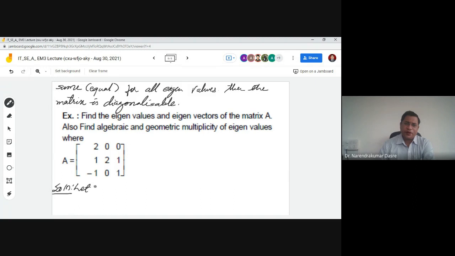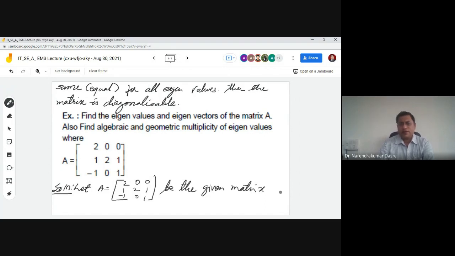Let A be equal to the matrix with rows 2 0 0, 1 2 1, and minus 1 0 1. This is the given matrix. The first thing that we require is the determinant.